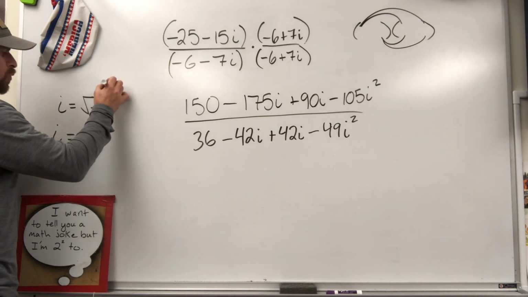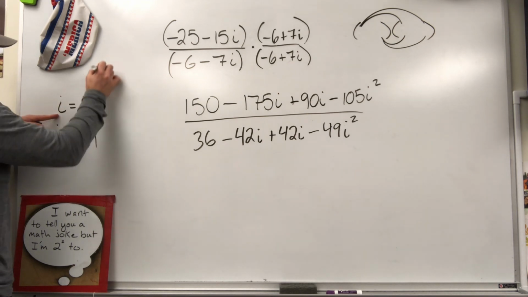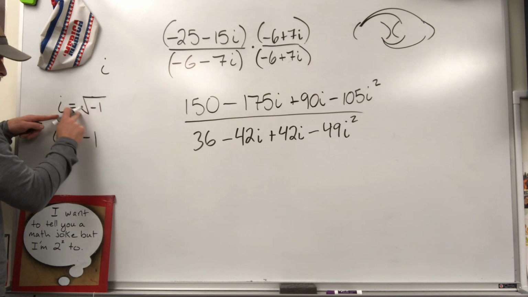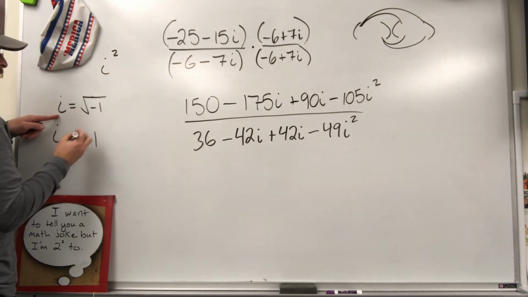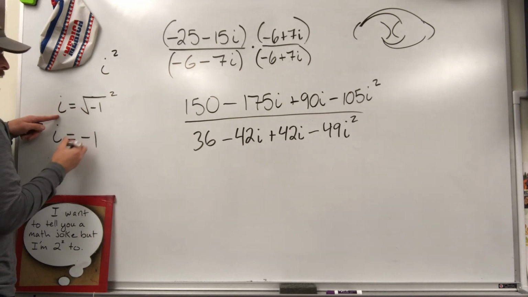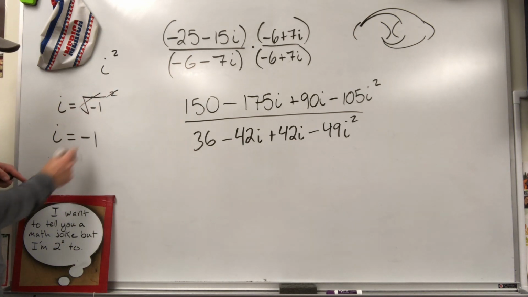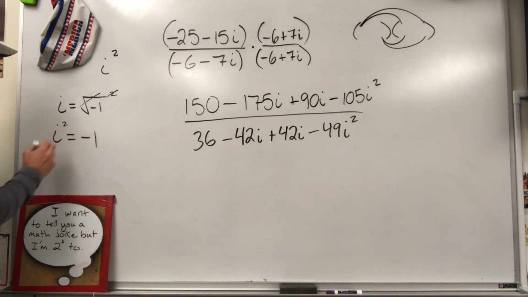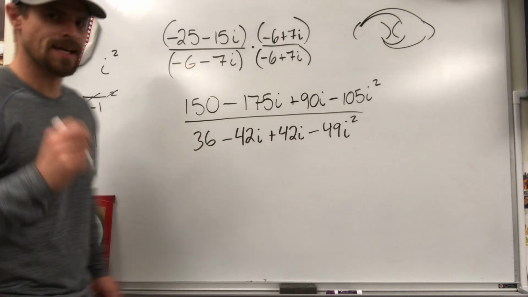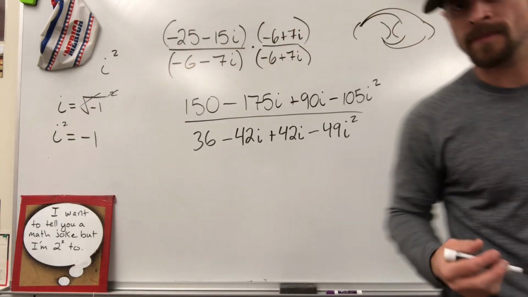If you were to square i, remember i is the same as this. If you were to square it, that'd be like squaring this. And what does an exponent of 2 do to a square root? Well, they cancel one another, leaving you at just negative 1. So i squared is negative 1.